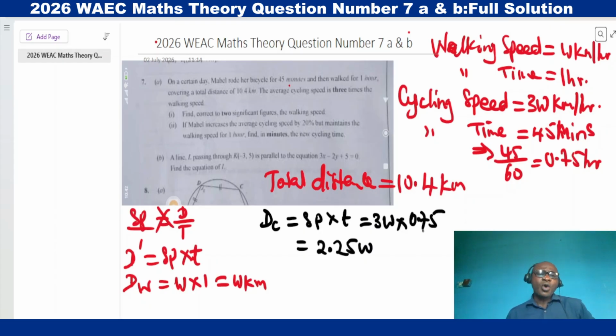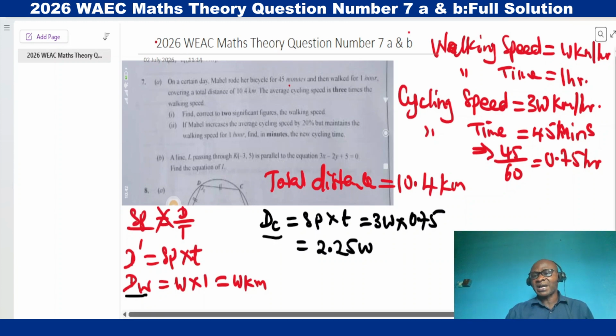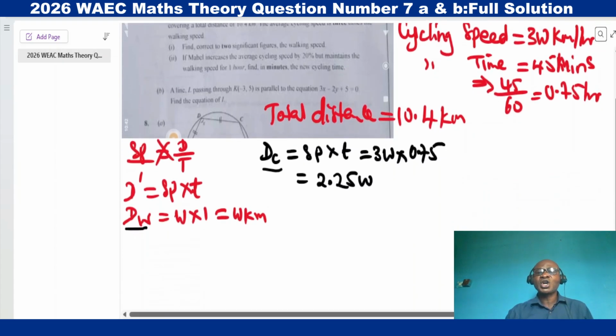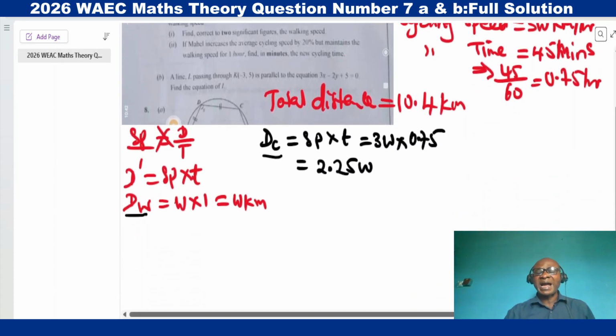Now, what does all this mean to me? It means that the distance covered walking plus the distance covered cycling must be equal to what I was given as 10.4 kilometers. This equation will help us find the solution to question I, where we are asked to find the walking speed.